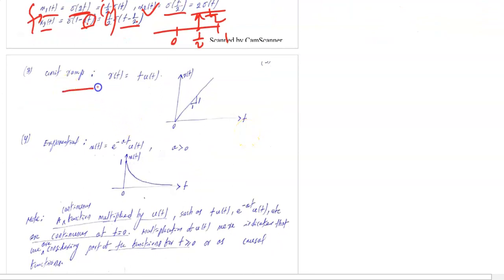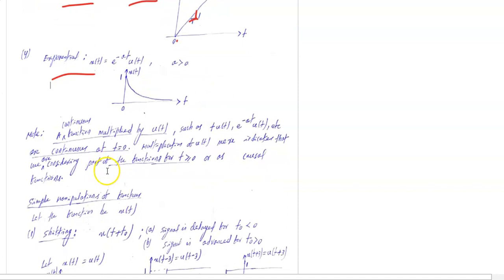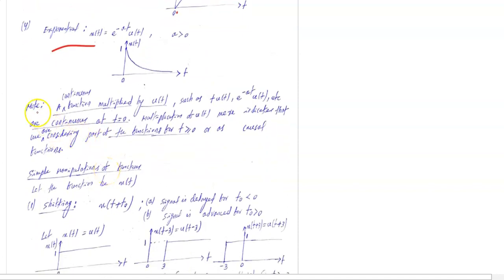Unit ramp t u(t). The ramp is simply a slope of 1 starting from 0, and the exponential you all know. See, very important here: a continuous function multiplied by u(t). What are the continuous functions? There are sine t, e to the power minus at, e to the power at, all these are continuous functions.